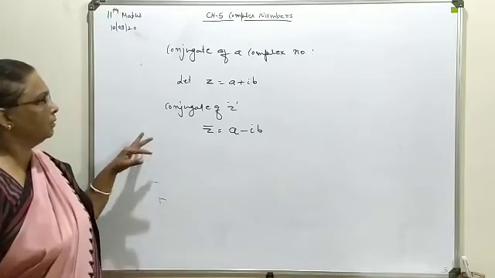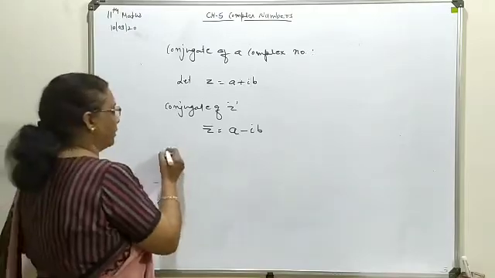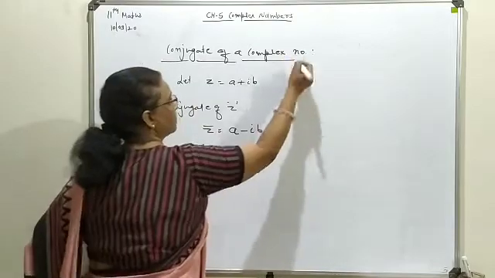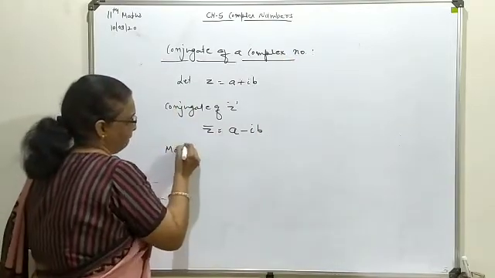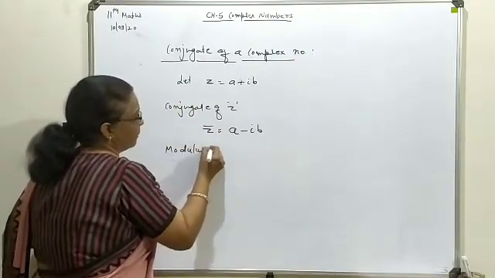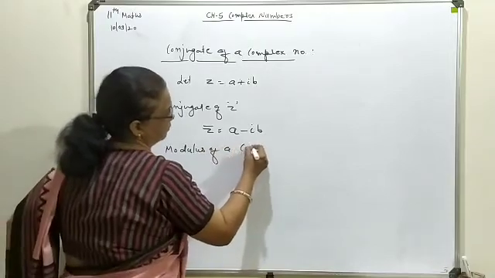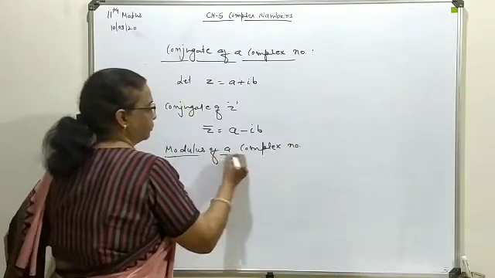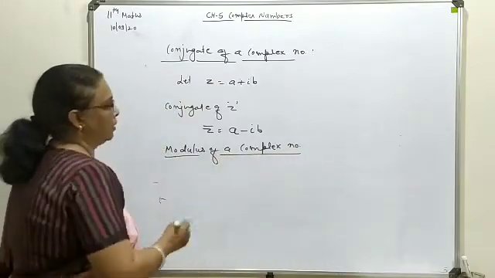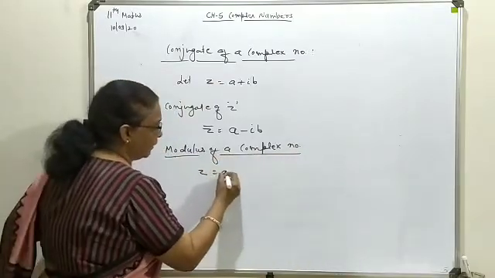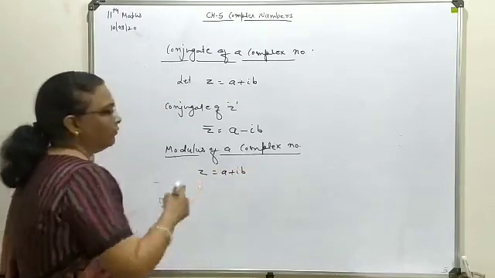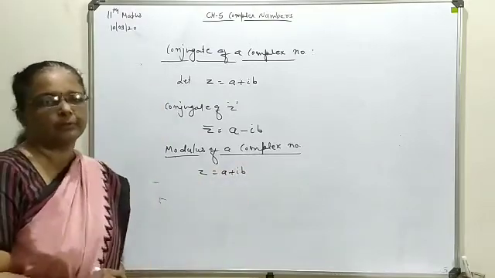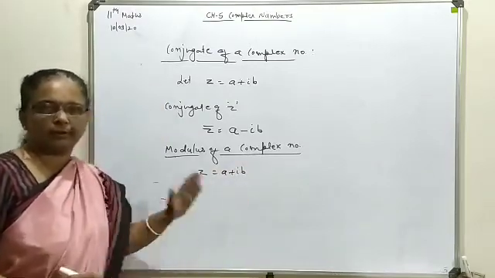Now next we are going to write the modulus of a complex number. So for a given Z, A plus iota B form, if you want to write its modulus value, meaning the absolute value, both have the same meaning.